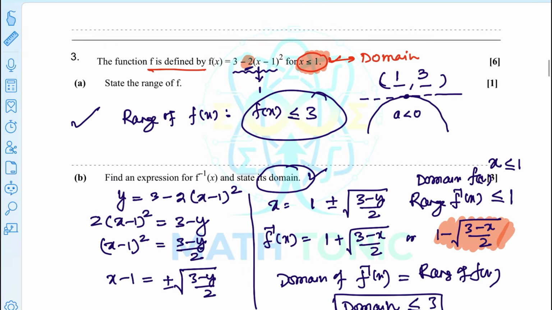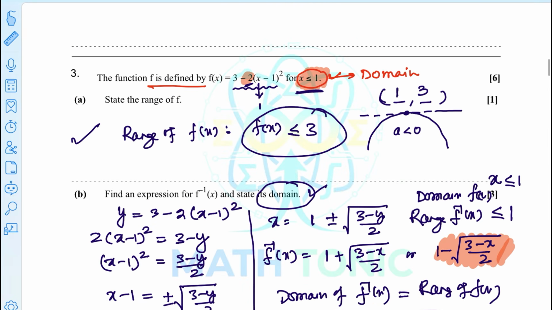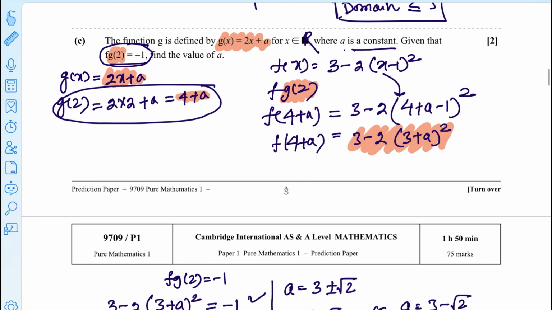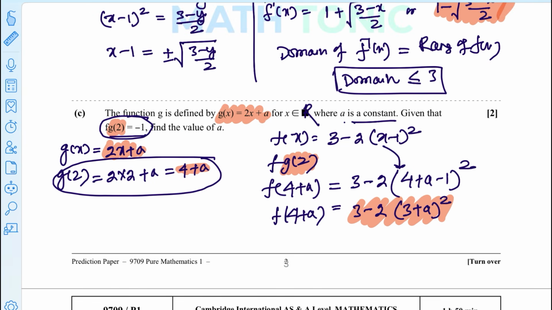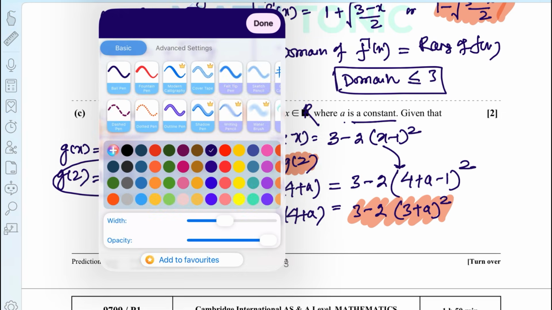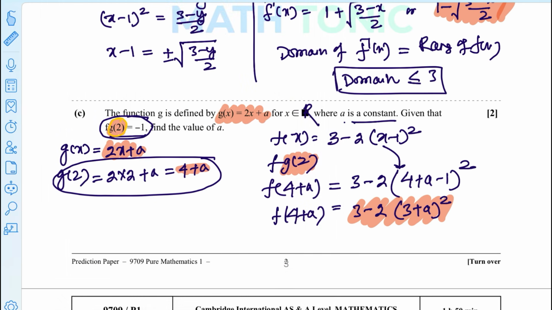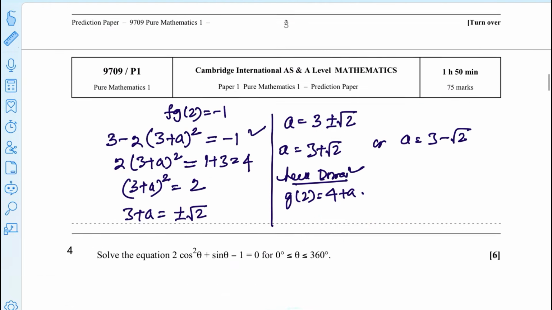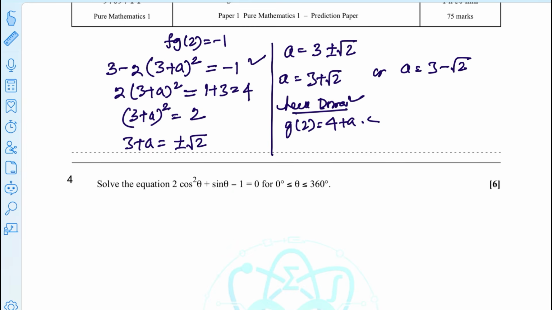If you see this, x is less than or equal to 1. Do you understand what I'm trying to say? That means this domain should be less than or equal to 1, right? So 4 plus a will be less than or equal to 1. This is the domain of f(x), right?